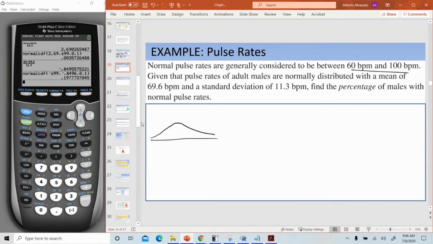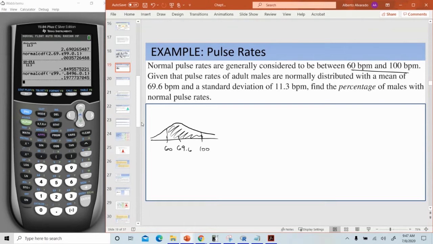The mean is in the middle, 69.6. 60 is a little bit below, 100 would be here, and we're interested in finding this area, which is what they consider normal.